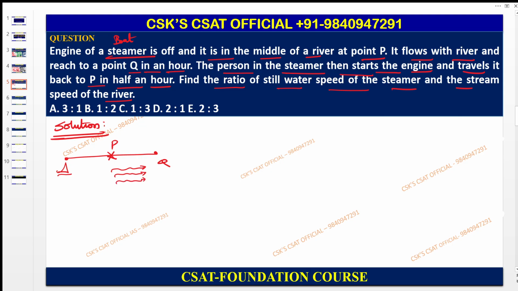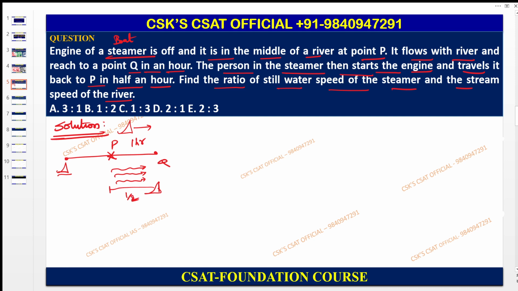With this flow, it is reaching Q from P in 1 hour. So the boat is moving in this direction, and the river is also moving in this direction, which means downstream. After reaching, starting back here and reaching this P in half an hour.